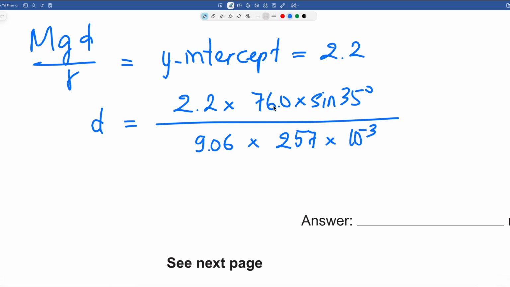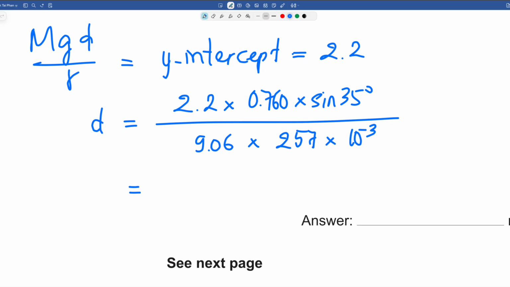The distance here, 76 centimeters, I need to multiply with 10 to the power of -2 to convert into meters, or I can write 0.76. Change it to the SI standard unit. 0.76 meters here. Do this calculation.